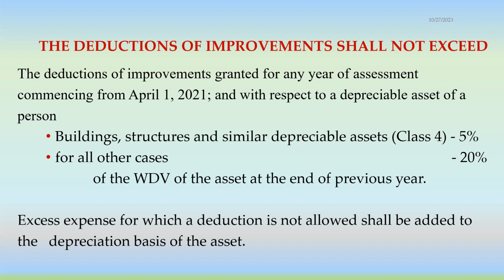Yes, yes. We have to add it to the depreciation basis and run capital allowances from the next year of assessment. This year of assessment, we can give improvement expenditure, but from the next assessment, we can grant not the improvement cost, but capital allowances.